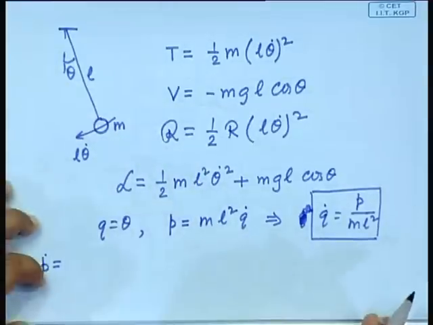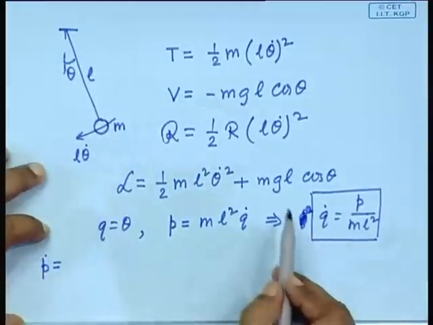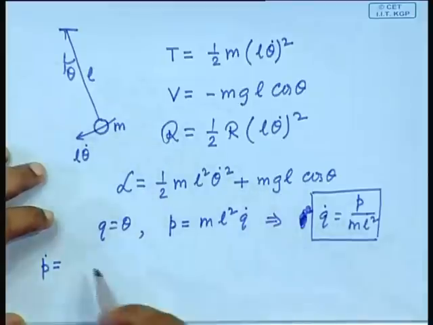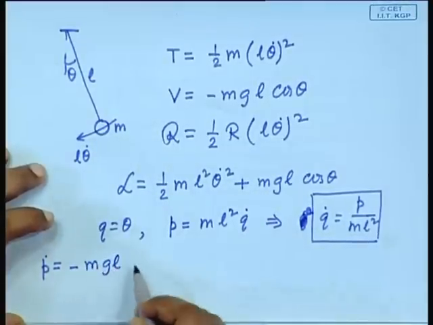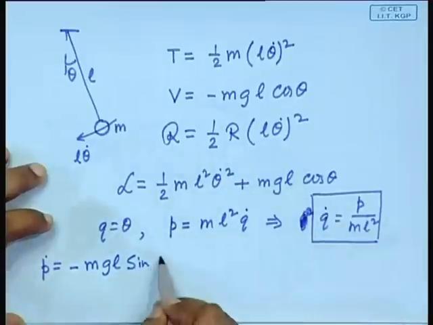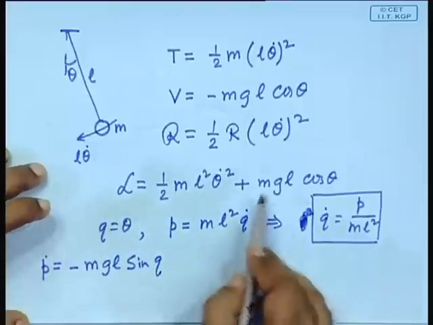Just do that. This term will have a negative sign. So, minus m g l, I am replacing theta by q, sine q, that gives the first one.